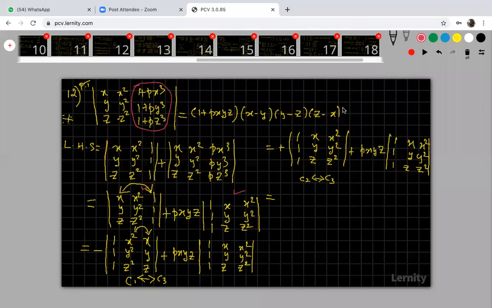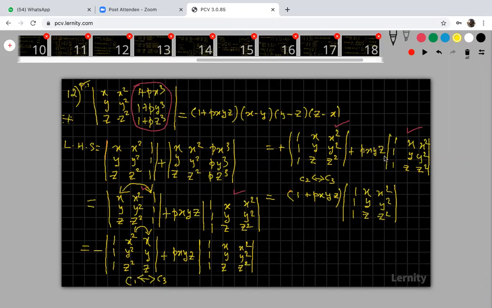Now these two determinants are both the same, so take the determinant commonly. This is 1 plus pxyz, times the determinant with 1, 1, 1, x, y, z, x square, y square, z square.